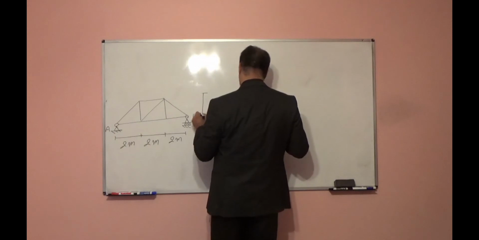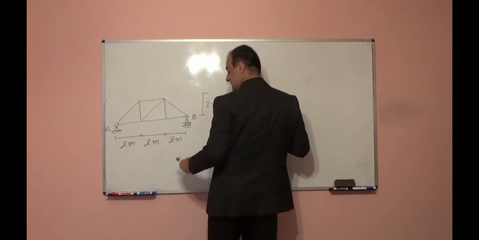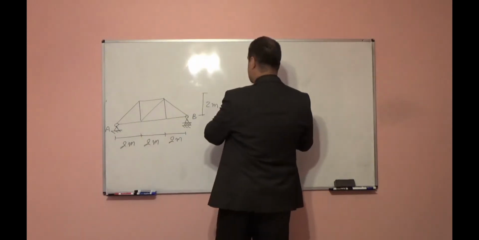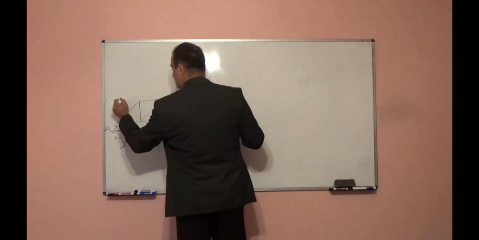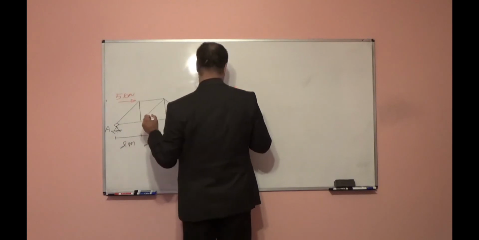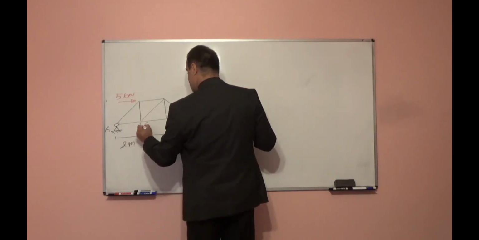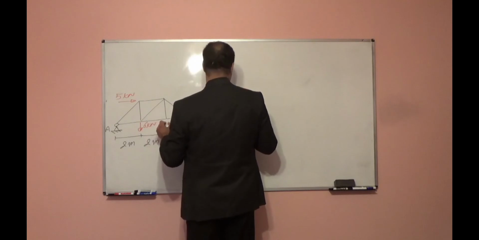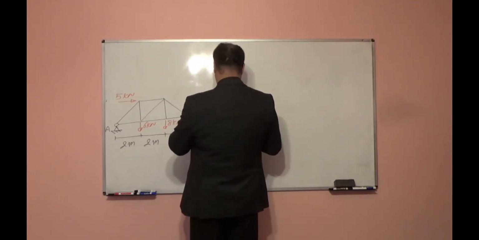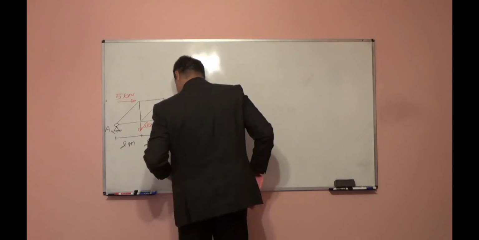The height for this truss is 2 meter. It is subjected to 3 external forces. One of them is horizontal, 5 kilonewton. Another here, 6 kilonewton. Another here, 8 kilonewton. I want to find reactions.